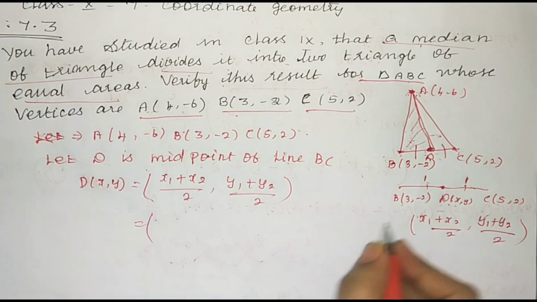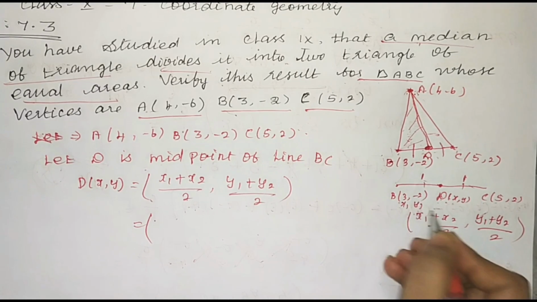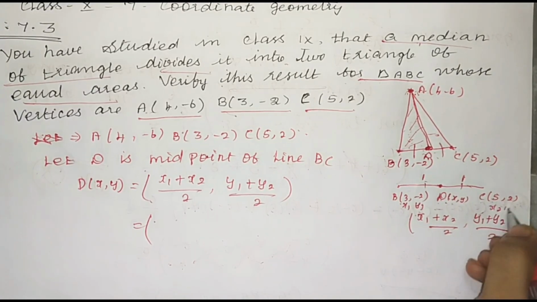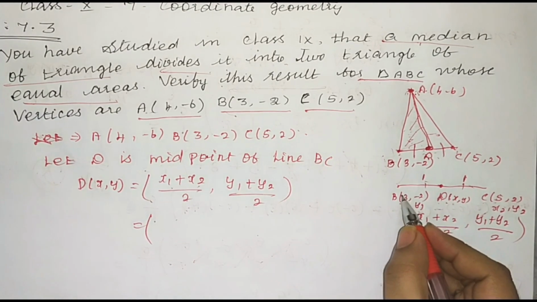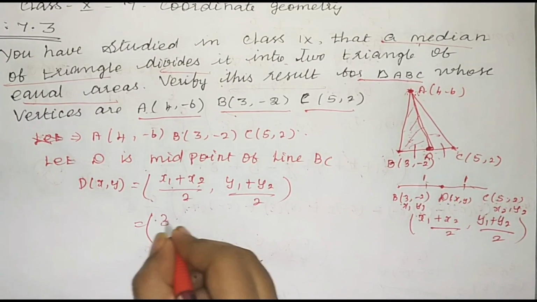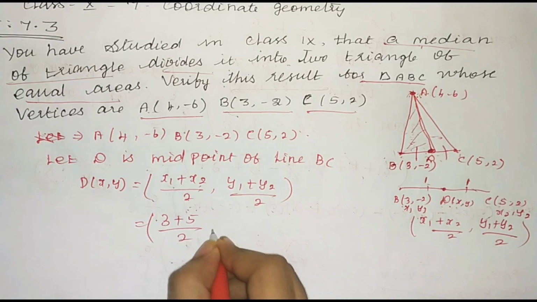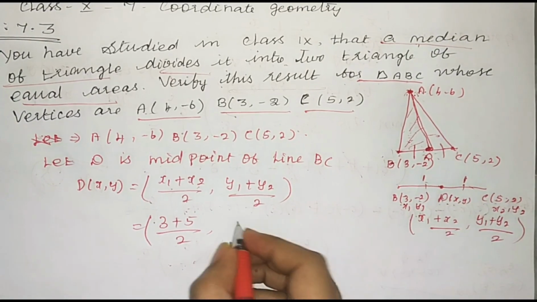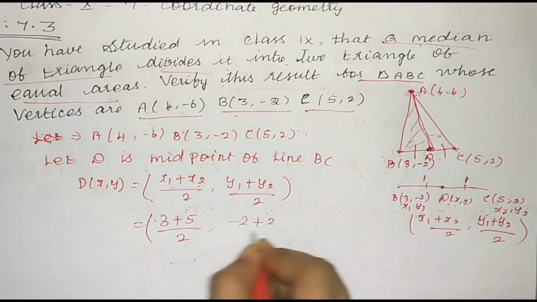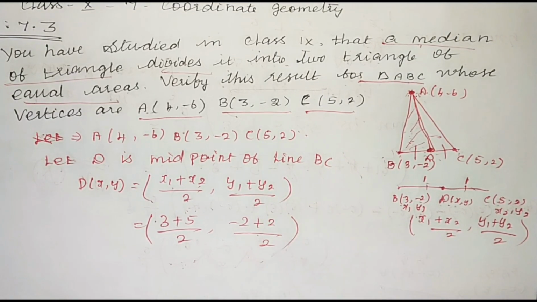Here x1 comma y1 is one point, and this point I consider x2 comma y2. So 3 plus 5 divided by 2, comma minus 2 plus 2 divided by 2.